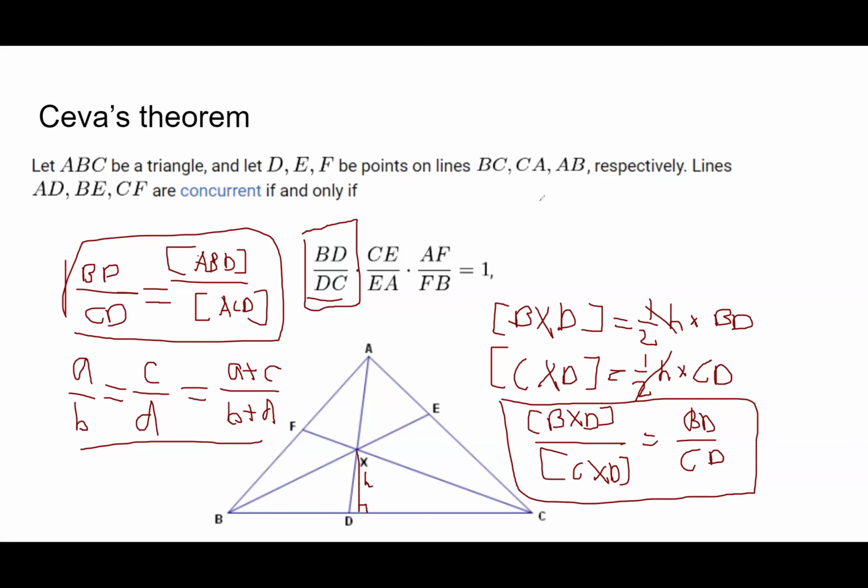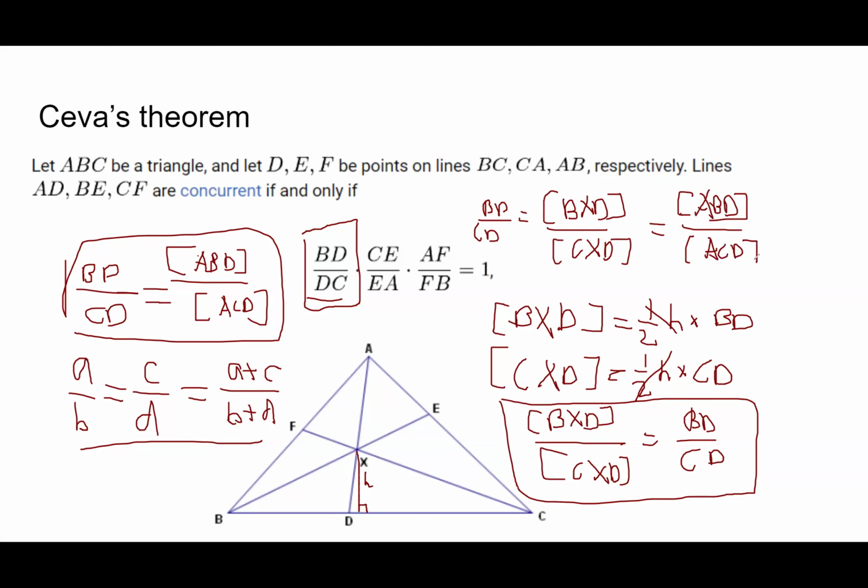because we know that BD over CD equals the area of triangle BXD over the area of triangle CXD, which equals the area of triangle ABD over the area of triangle ACD, right?